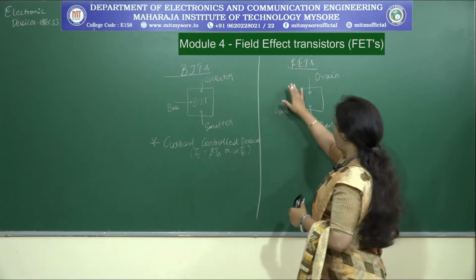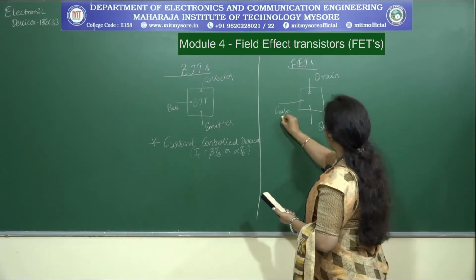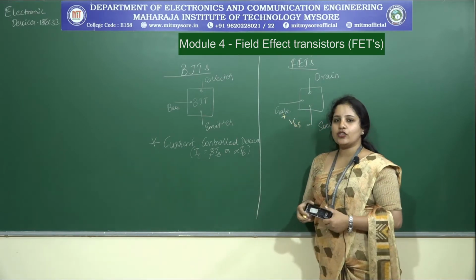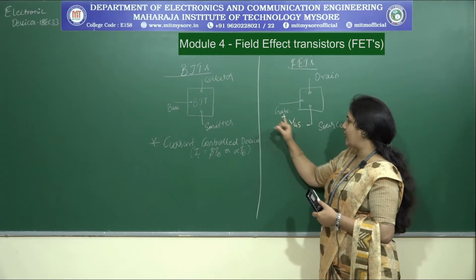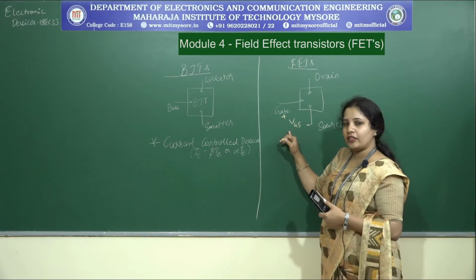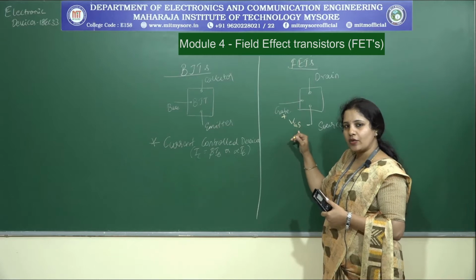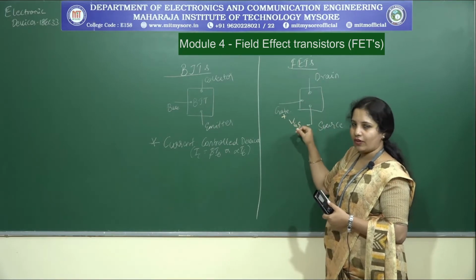When I consider FETs, that is not the case. Whatever potential that I provide between the gate and the source terminal, which is referred to as VGS, because the gate is at a higher potential compared to the source. So let me represent the potential as VGS. This VGS is the one which will tend to control the current which is flowing in the device.